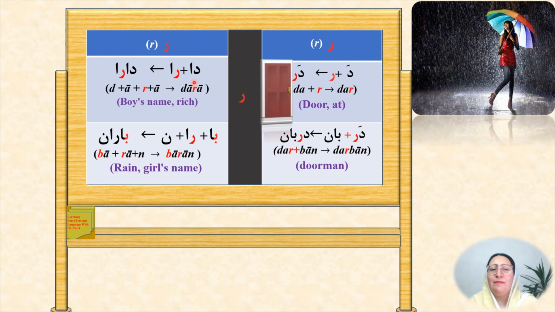Combining da and ra forms the word dara, which means boy's name and rich. Combining ba and ra and the letter nun forms the word baran, which means rain and girl's name.